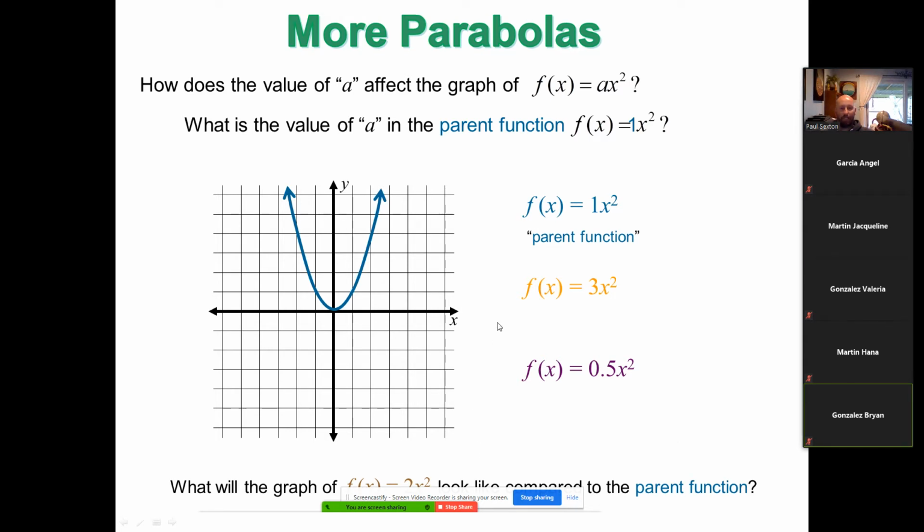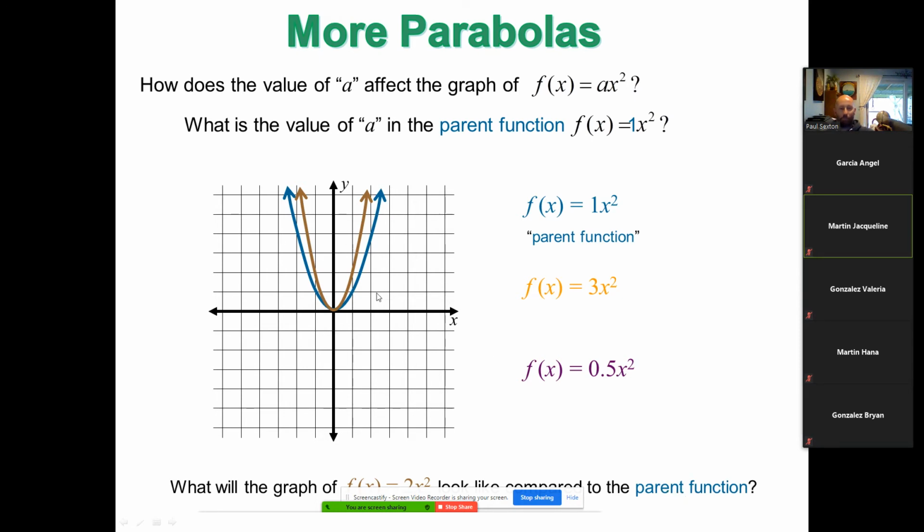Skinnier. It's going to be skinnier. Not as skinny as 3x squared, right? But it's going to be skinnier than the parent function. So 3x squared is actually skinnier than 2x squared, and 5x squared would be even more skinny. So the bigger the a value is, the skinnier it is. So just write down here, it will be skinnier.